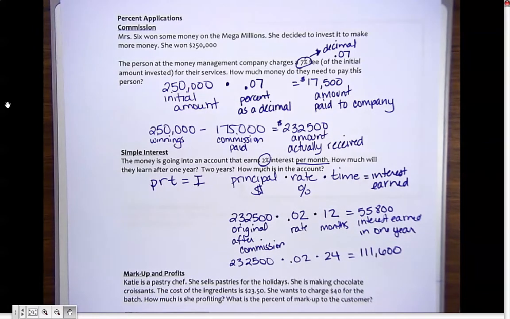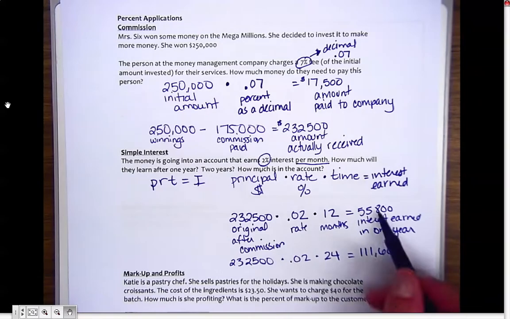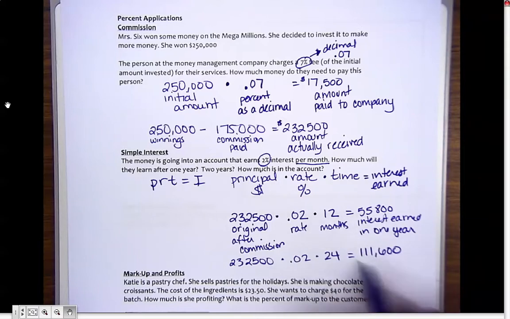Now, I want to double check to make sure that these two confirm, because remember we said we could also multiply this by 2. So if I take 55,800 and multiply it by 2, I want to double check that I do indeed get 111,600, and I do. So either one of those ways would work.